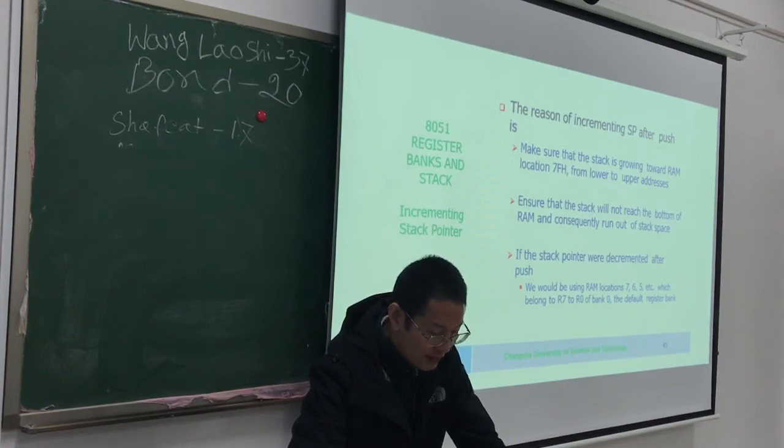If the stack pointer were decremented after push, we would be using RAM locations 7, 6, 5, etc., which belong to R7 to R0 of bank 0.